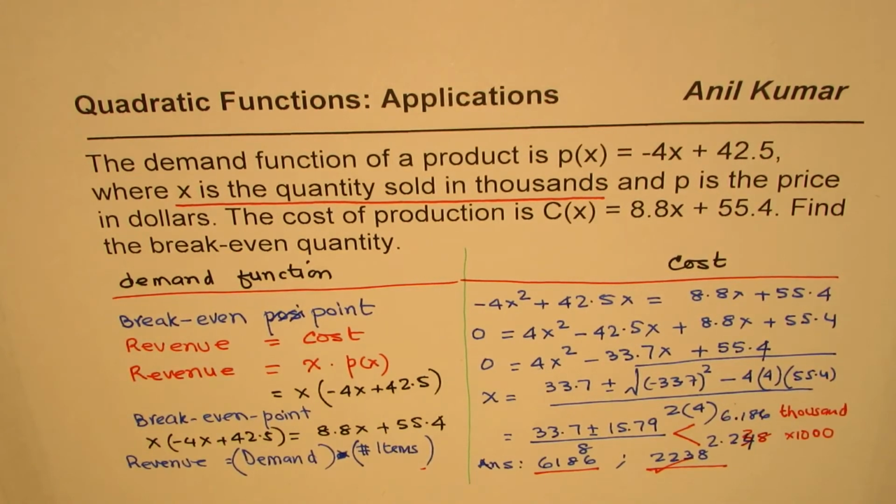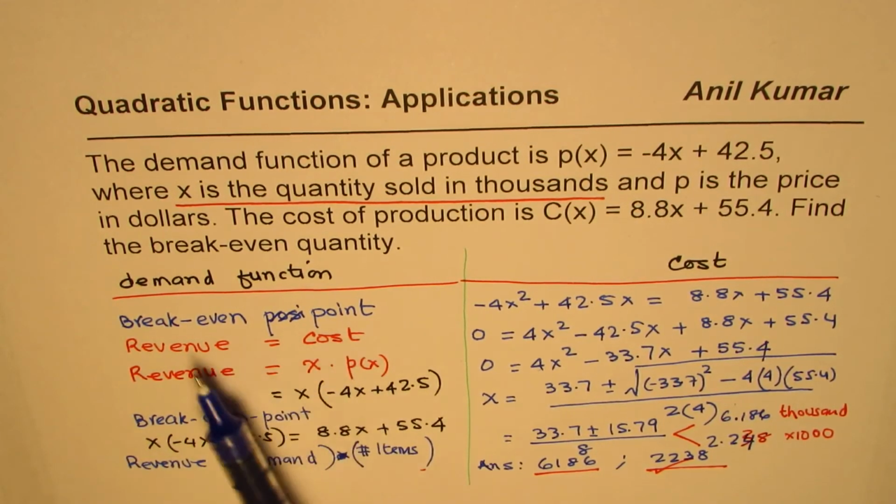We are assuming whatever is produced is being sold, right? So the number of items will give us the revenue. And for any break-even point, cost and revenue should be the same. That is the base for solving such a question.